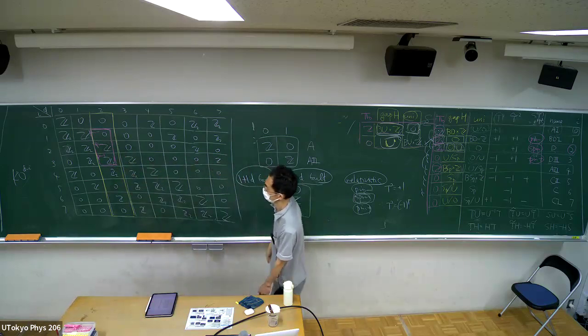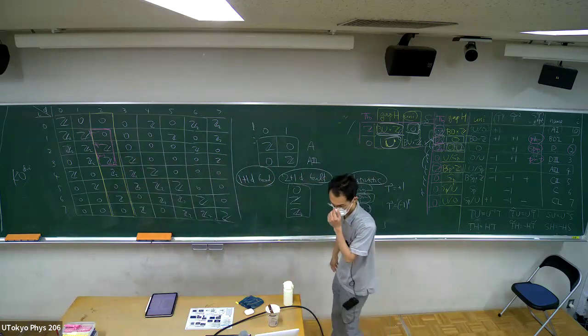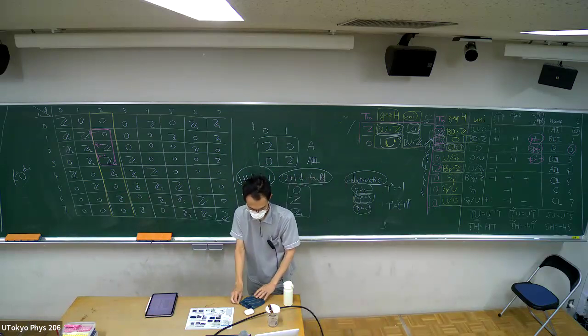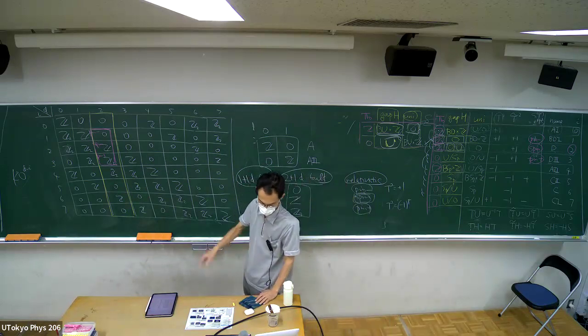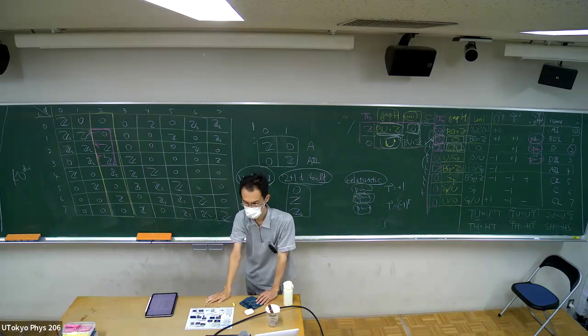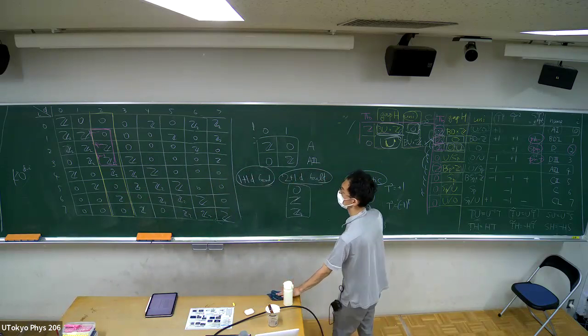So that's very nice. That's the classification of topological superconductors and topological insulators when the system is free.